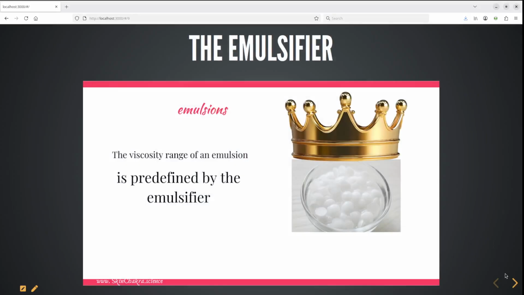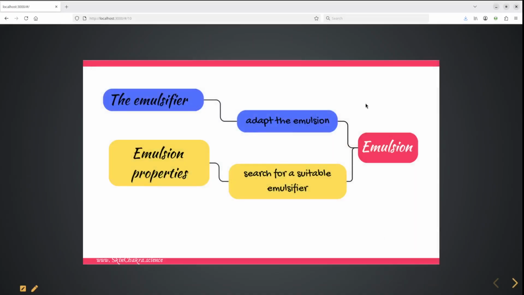Keep in mind that when we are making emulsions, the emulsifier is actually the king. So a huge amount of emulsion properties, even the type of the emulsion, are predefined by the emulsifier. There are two main approaches to making an emulsion.